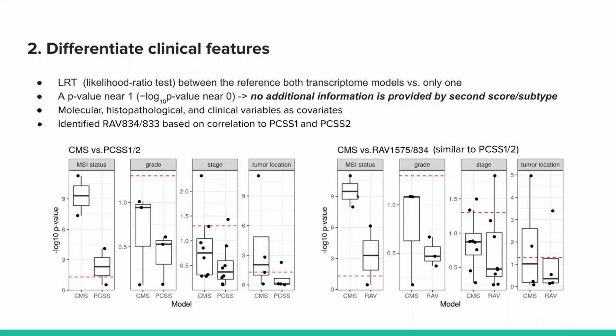These RAVs perform almost as well as the focused PCSS scores, and definitely better than the discrete subtypes that were created by a consortium focusing on this project specifically.